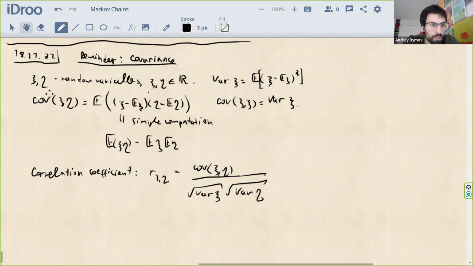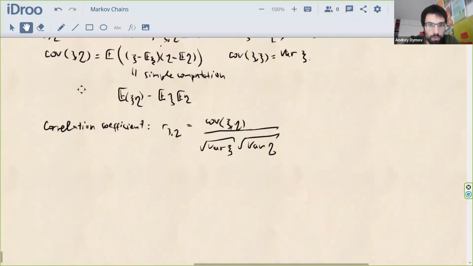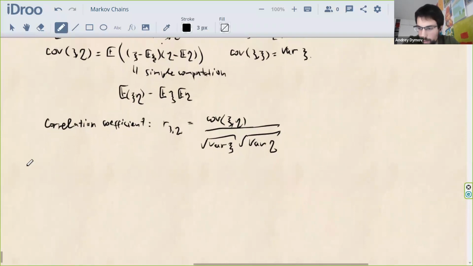So this product is also of the second degree. And the following proposition makes clear what the covariance is. Proposition.